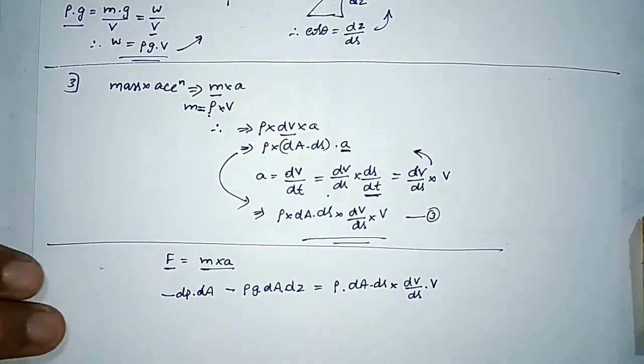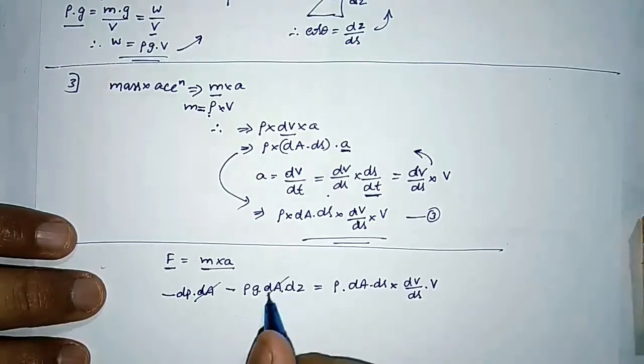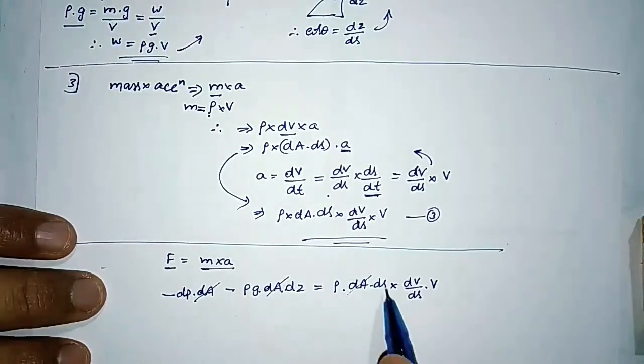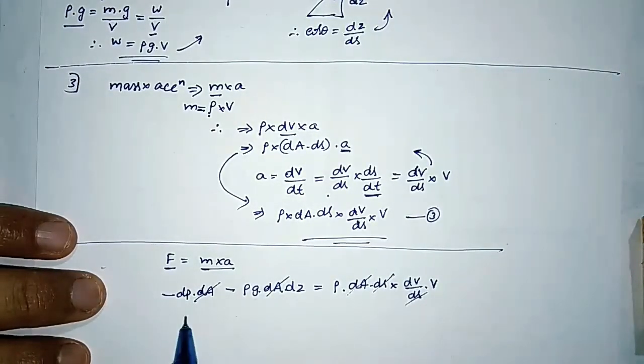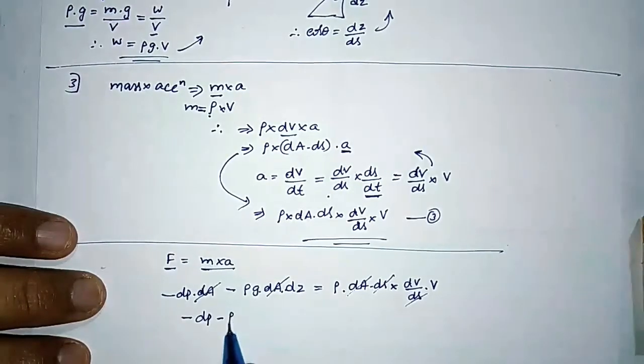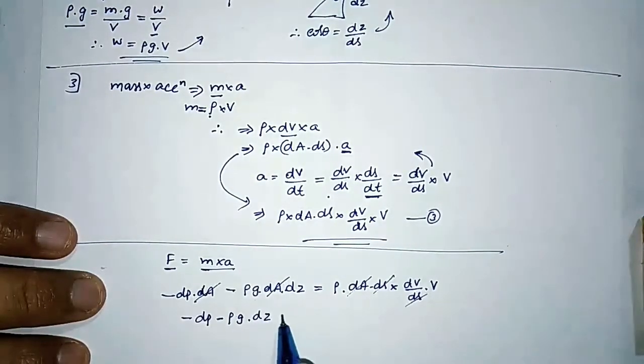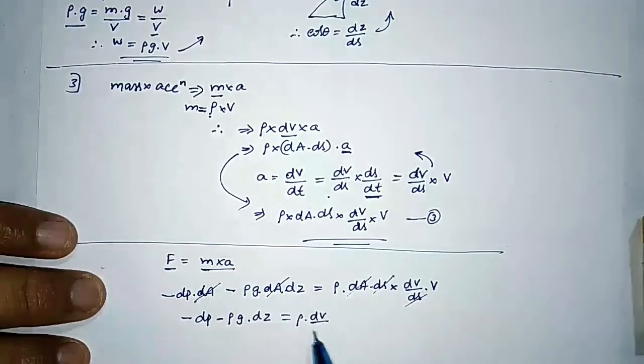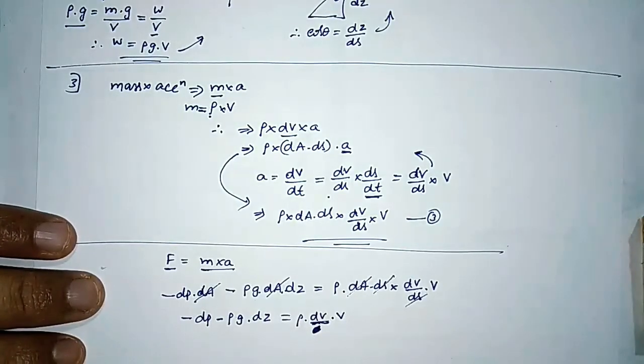Now I can cancel dA from this equation. It's common on the left and right hand side. Also we can cancel ds. So what is remaining is minus dp minus rho g into dz is equal to rho into dv into v. Now divide this equation by rho.